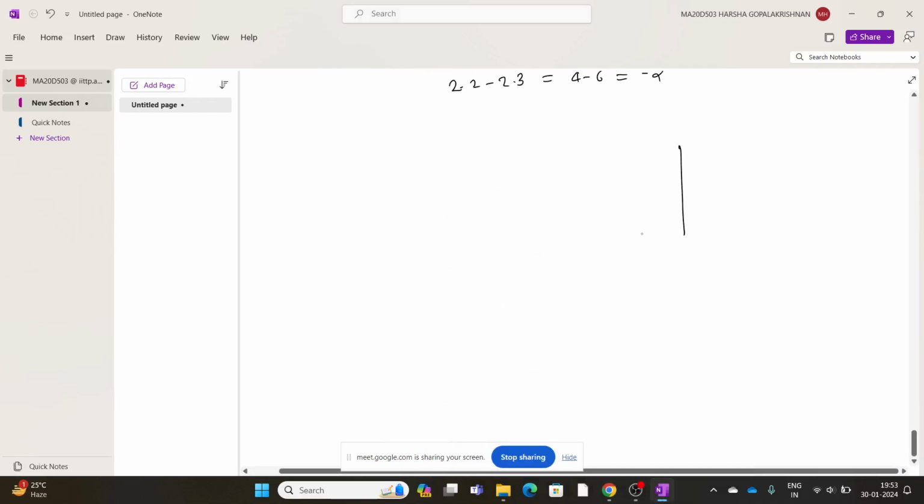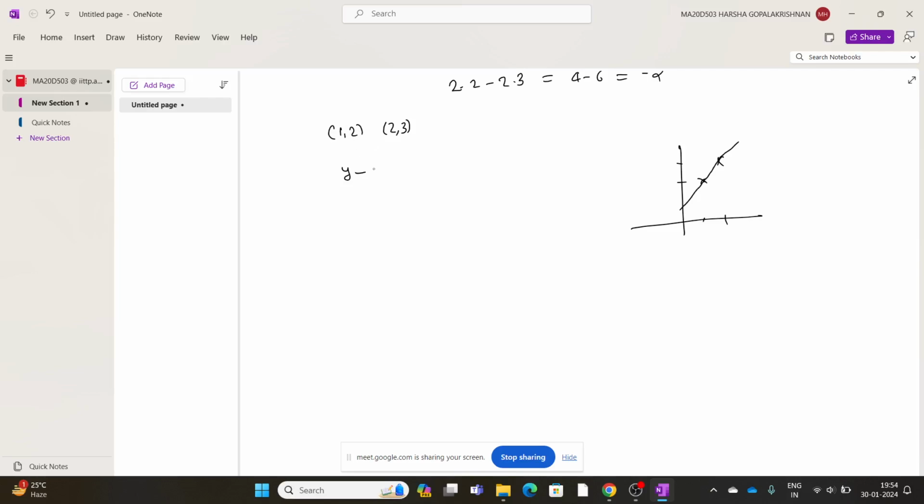So we have (1, 2) here and (2, 3) here. A linear equation satisfying these two points means it should be a straight line passing through these two points. So instead of finding all this, we can just find the straight line passing through these points. Using the two-point form, y minus y1 upon y2 minus y1 equals x minus x1 upon x2 minus x1.